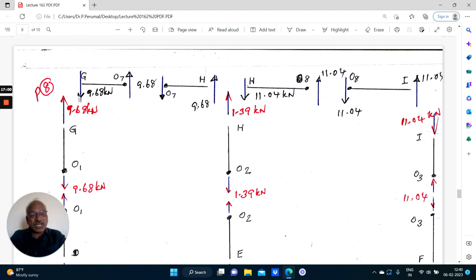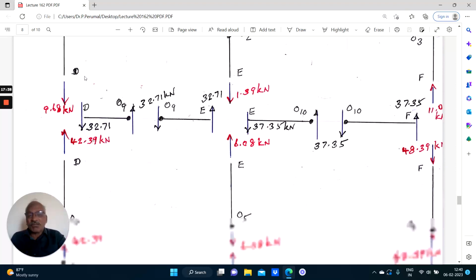This will be shown in the form of calculations, so on seeing the detailed calculations, one need not fear. Coming to this free body, when this is 9.68 down, this is 9.68 up. Similarly, for joint equilibrium, as there is no vertical force, when this is 9.68 up, this is 9.68 down, because the net is 0. And for this element, when this is 9.68 down, this is 9.68 up.